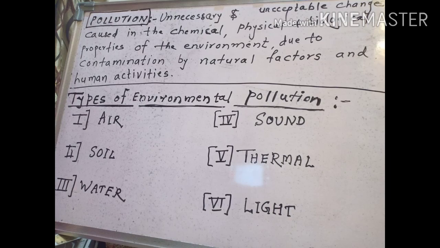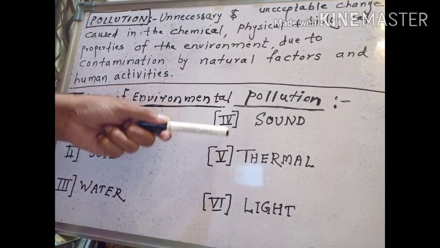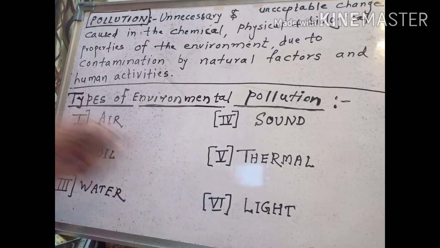We will also have a look at the sources of these pollution. In your textbook, you have the sources of air pollution, soil pollution, and water pollution. I will also touch upon the sources and effects of sound pollution, thermal pollution, and light pollution, right?